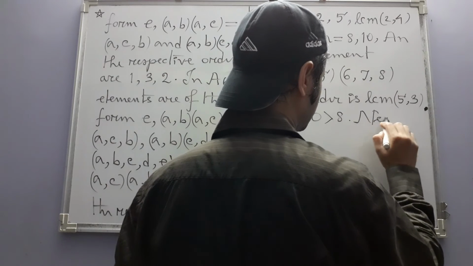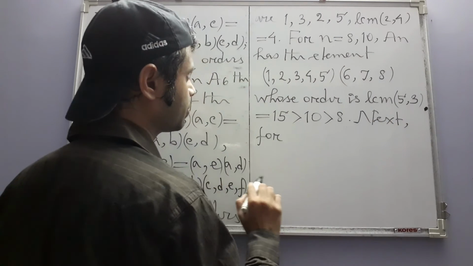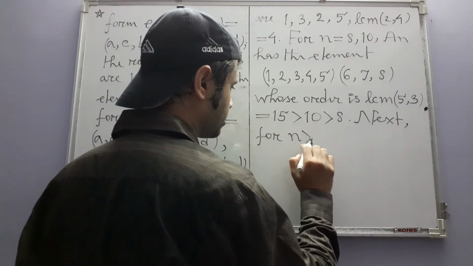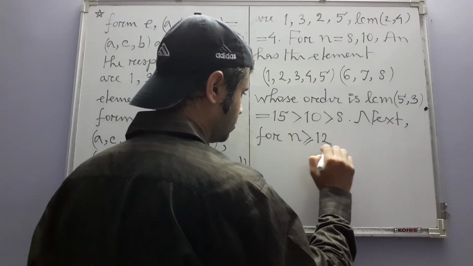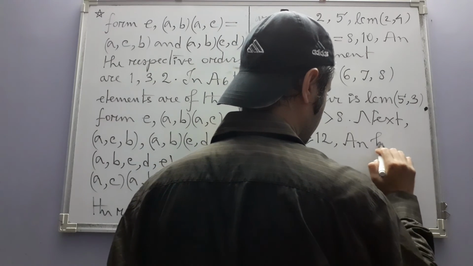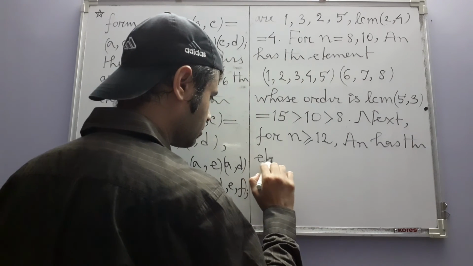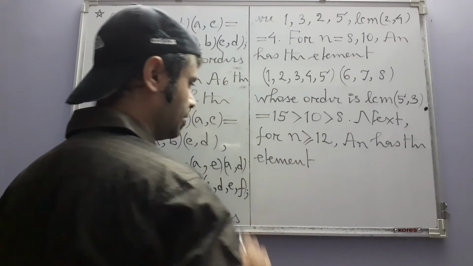Next, for n greater than or equal to 12, An has the element.